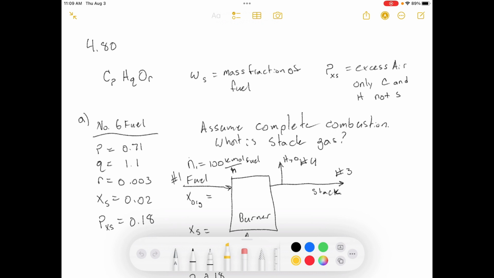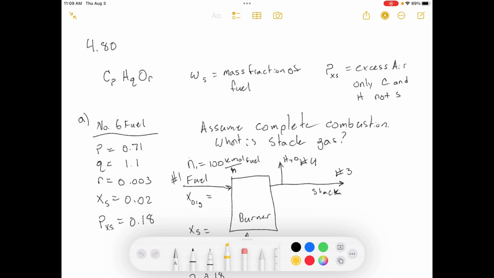Part A. For a certain high sulfur number 6 fuel oil, P equals 0.71, Q equals 1.1, R equals 0.003, and the weight fraction of sulfur is 0.02.